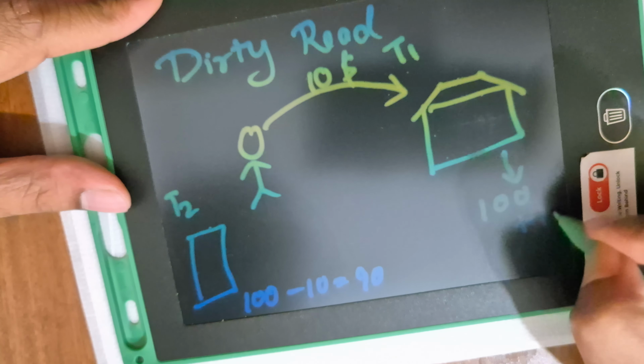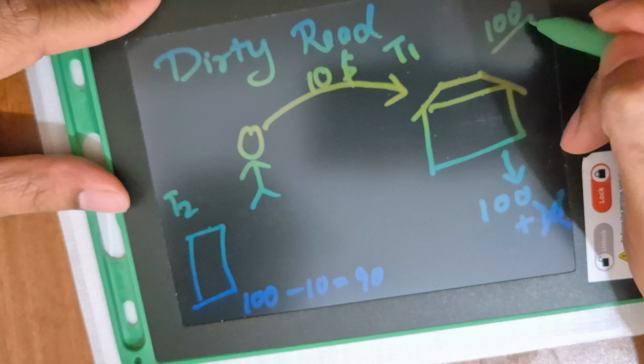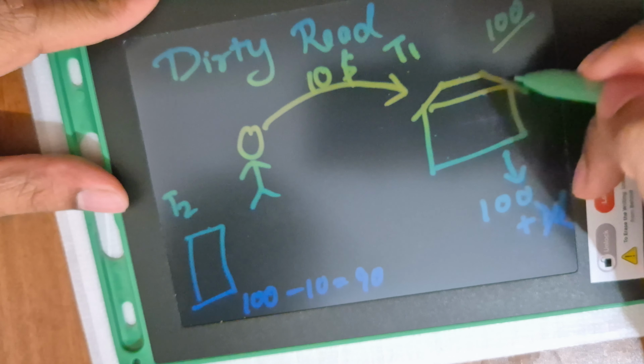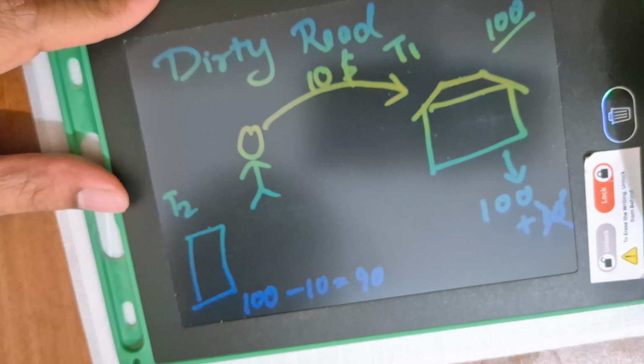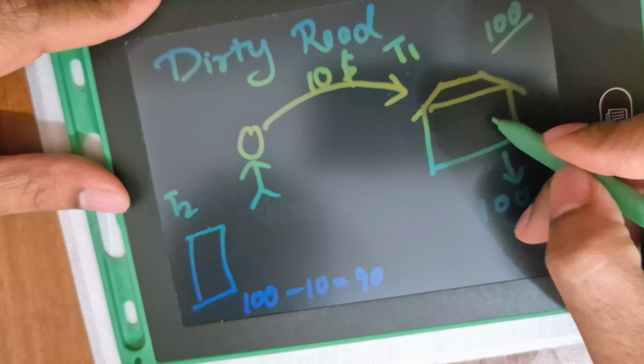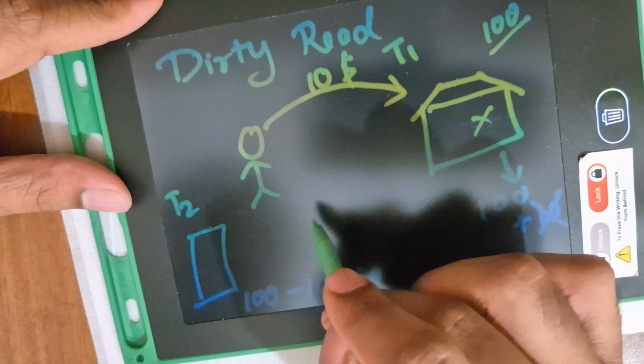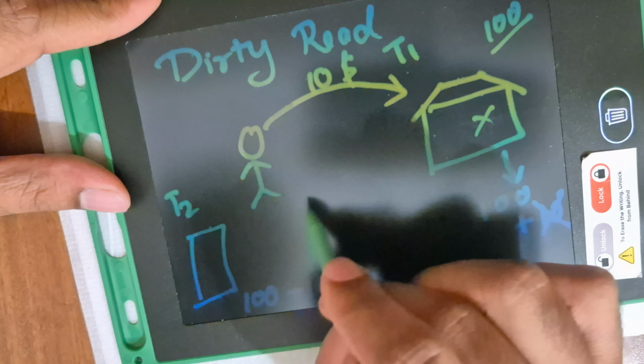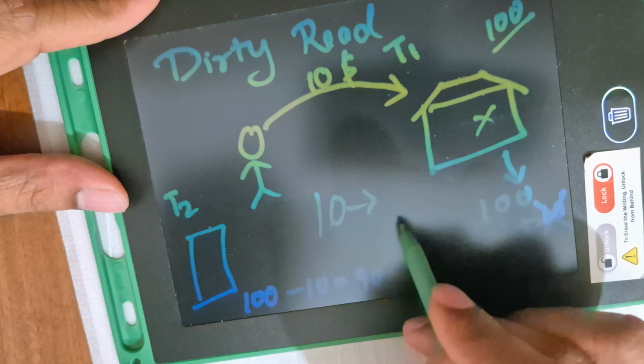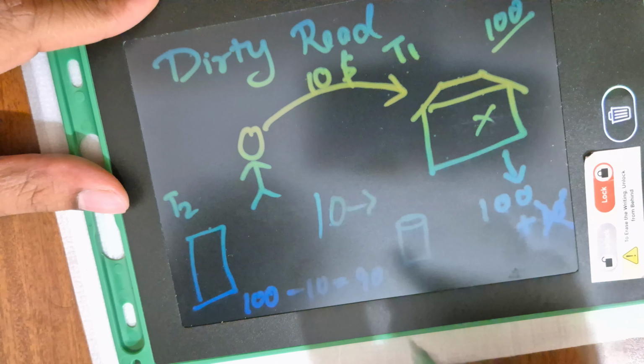So he still has $100. Now he checks whether he got the payment. He sees no, he didn't receive the payment yet, so he cancelled the order. So what happened? I lost $10, but I didn't get the coke either, which is bad.